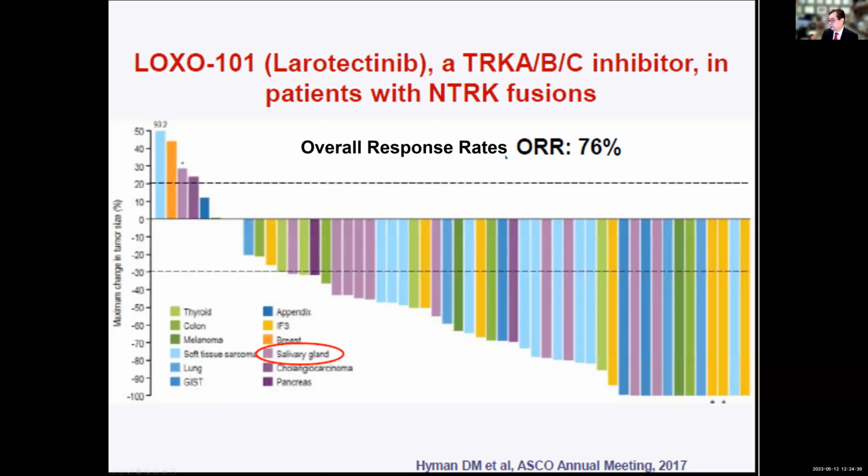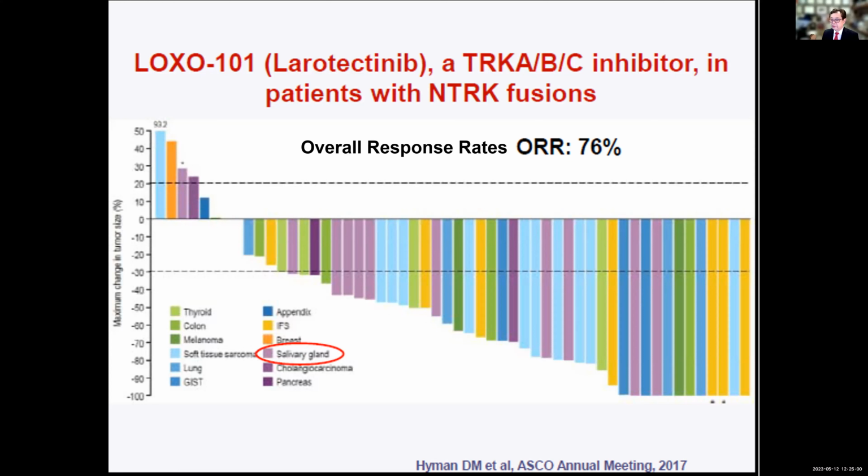The overall response rate is a really magic target. And in the salivary gland, mainly secretory carcinoma is the part that has the NTRK mutation. So very excited, right? The pharmaceutical companies were happy to find this potential application.